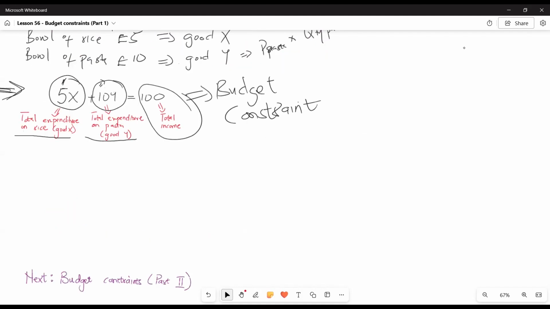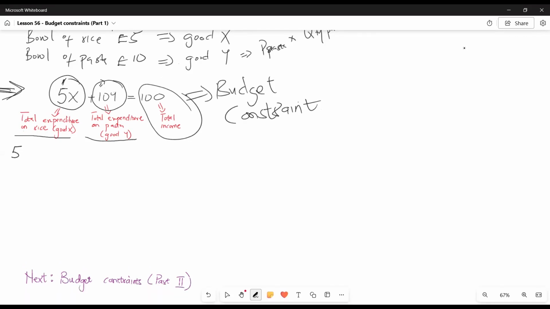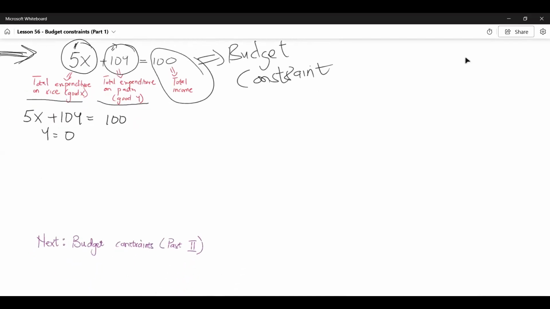So given this budget constraint, if Ella decides to spend all her income on rice and buy 0 bowls of pasta, what is the maximum amount of rice that she can buy? If we rewrite our budget constraint as 5x plus 10y equals income, if Ella decides to buy 0 bowls of pasta this week, which means y is equal to 0, the maximum amount of rice that Ella can buy is represented by this function.